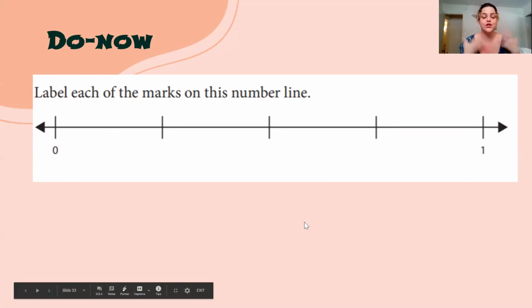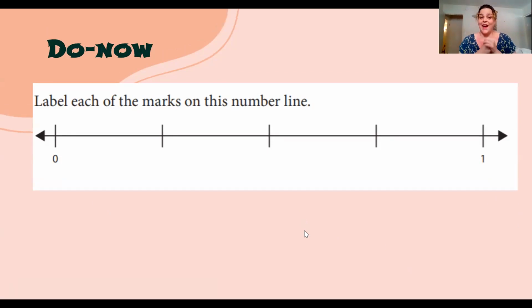All right, friends, you should have already solved, and you're ready to explore this question with me and see if you were able to answer correctly. So first of all, it says label each of the marks on the number line. They're referring to these tick marks over here. Well, how am I going to label it?